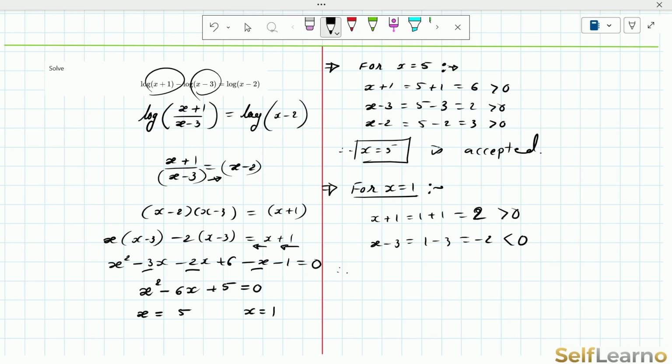Therefore, for x is equal to 1, the argument of log becomes a negative number.